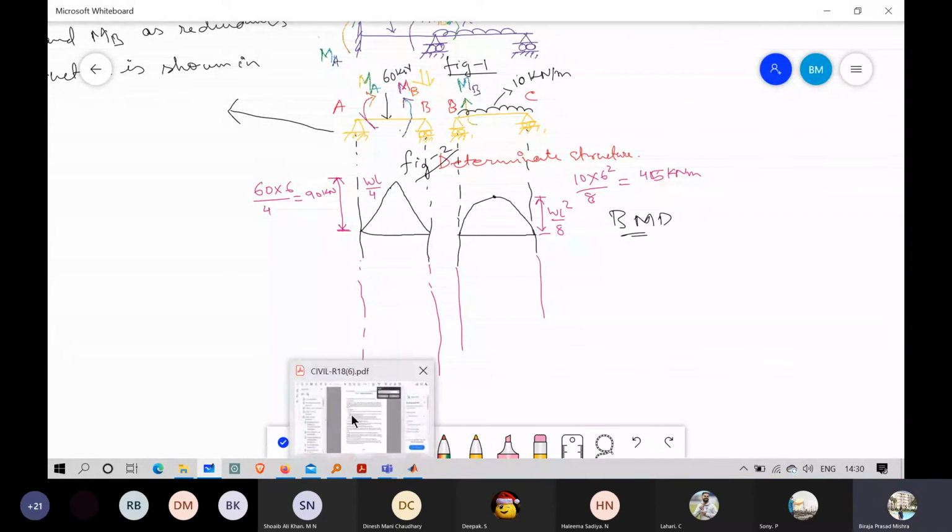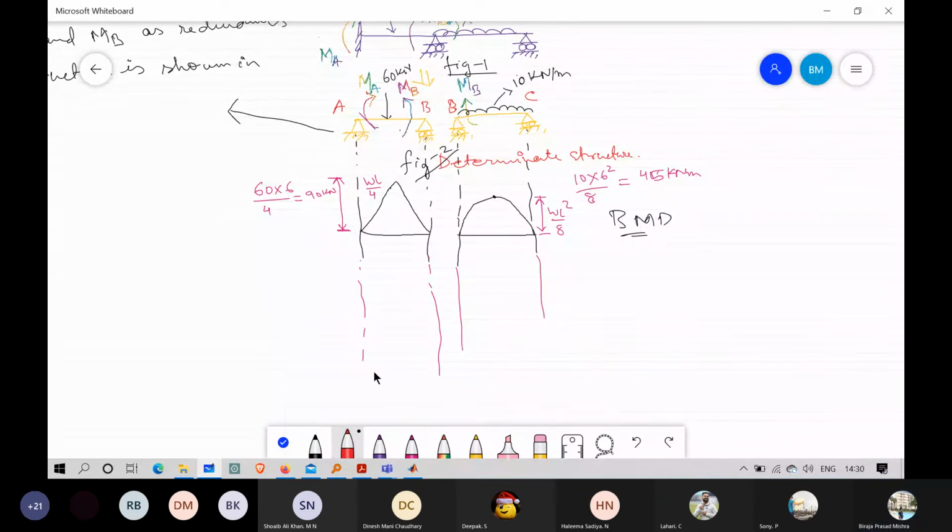This one is the beam, and since these are all simply supported ends, the supports will be the same supports.